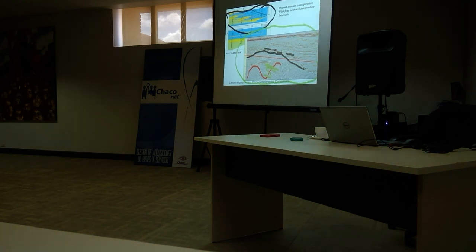But notice the difference in angle between this and this. So your high stand is progradational, it's downlapping to the right. Okay? So transgression, your sand's going this way. Regression, you're prograding in the opposite way.